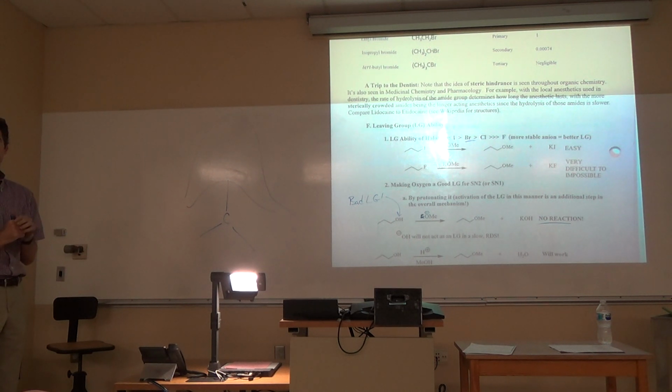So at this point I can ask a question. We know two mechanisms, SN1 and SN2. In which mechanism does the leaving group leave in the rate determining step? This is a long one. Does the leaving group leave in the rate determining step of SN1?